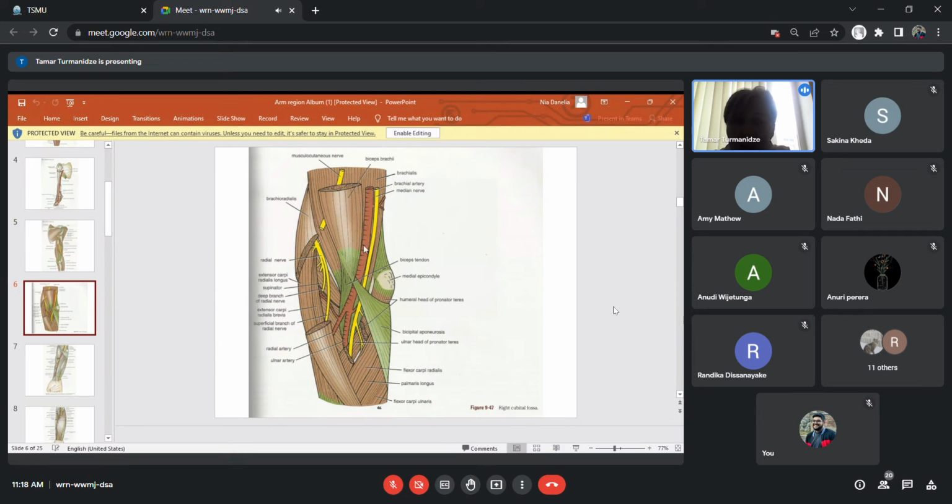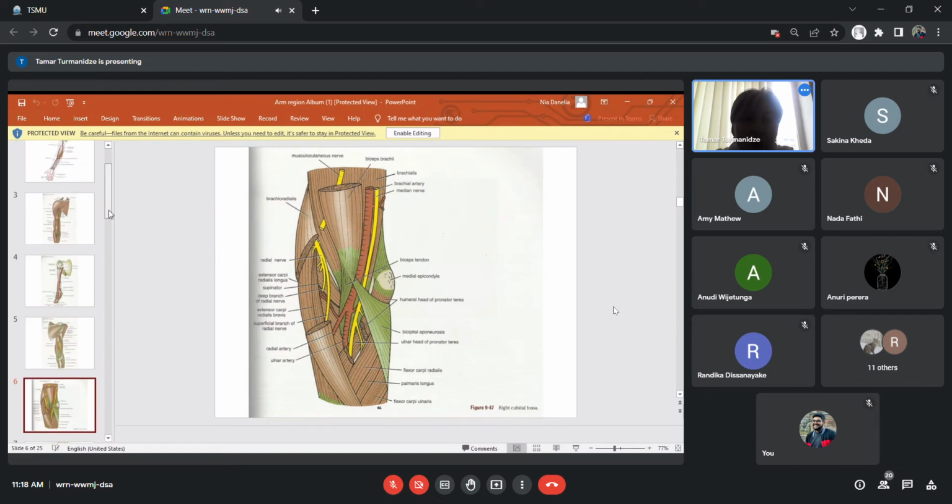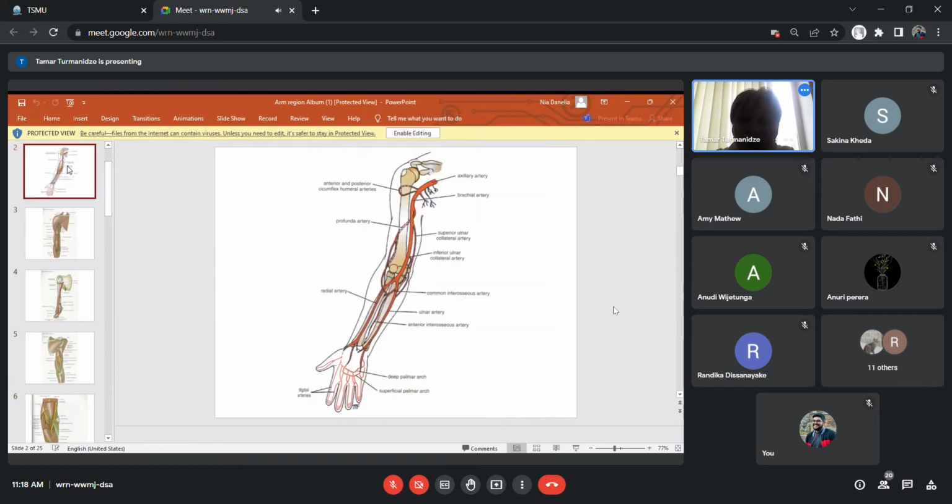the brachial artery is divided into the radial artery and the ulnar artery. The radial and ulnar arteries give off recurrent branches, which pass upward and make anastomosis with the collateral branches of the brachial artery.